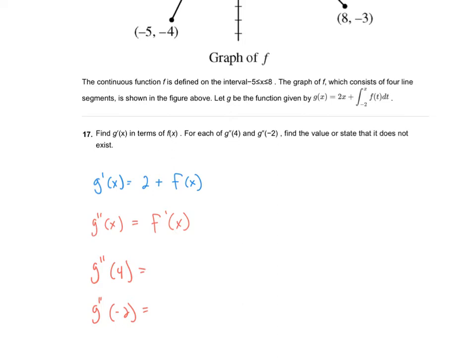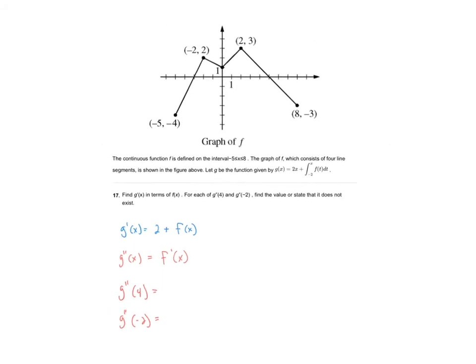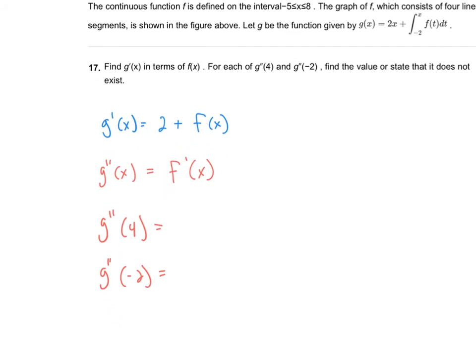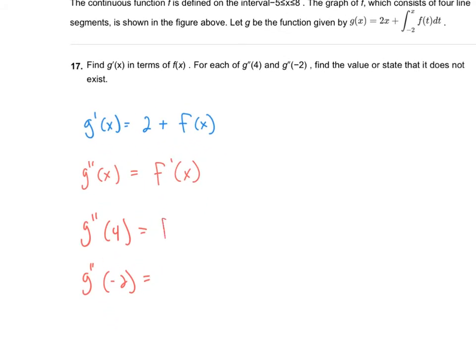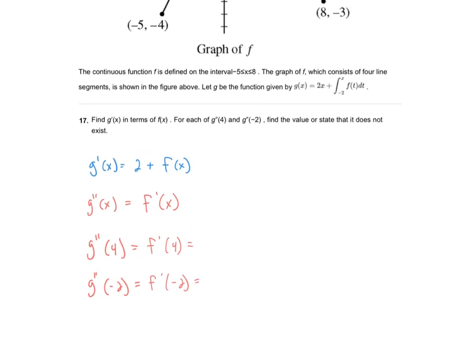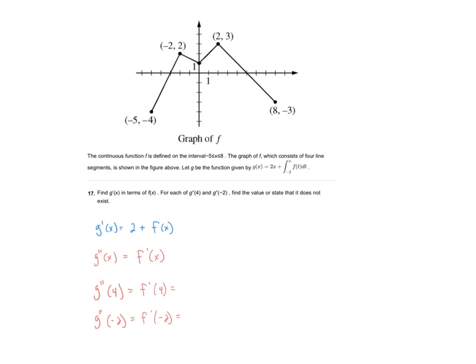We don't know anything about g except how it's defined in terms of f, and we know a lot about f since we have the graph. So g double prime of 4 is just f prime at 4, and similarly, g double prime of -2 is f prime of -2.